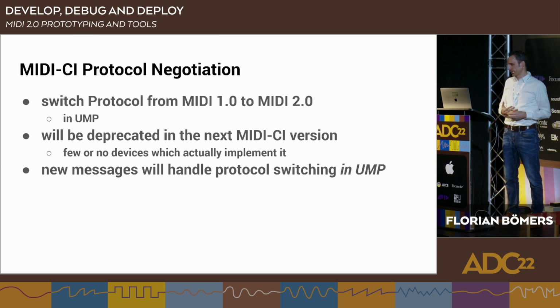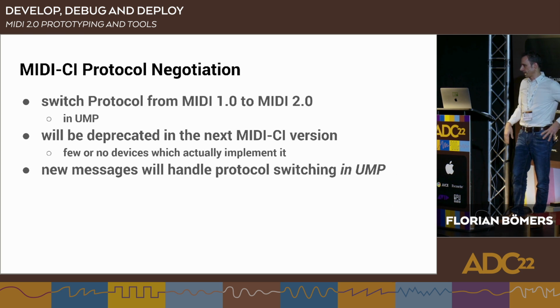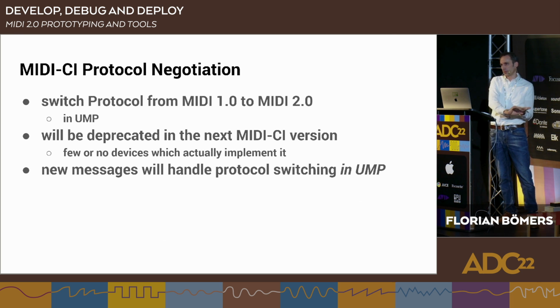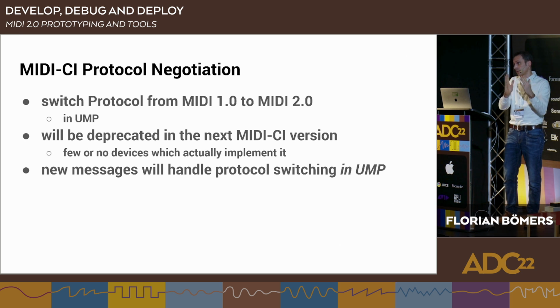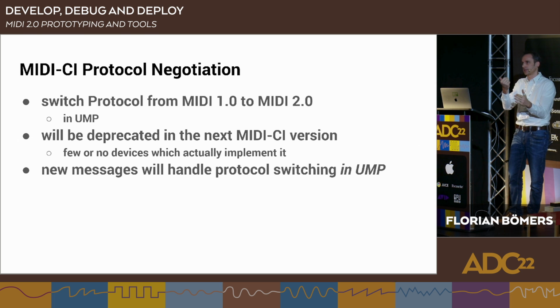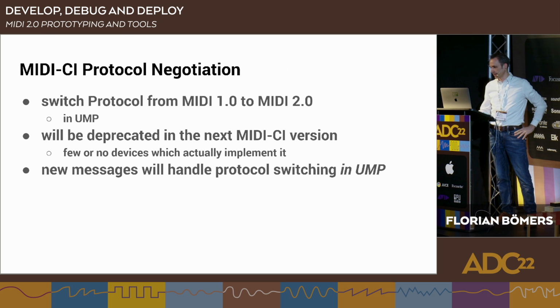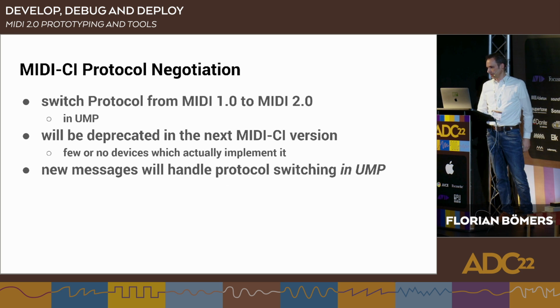So it will be deprecated, and then the protocol switching can be done inside UMP, where it makes sense. Because UMP has MIDI 1.0 and MIDI 2.0 protocol, and you usually start off in MIDI 1.0 mode, and then you say, okay, now I want to switch to MIDI 2.0 protocol, and that both sides agree to use MIDI 2.0 protocol.